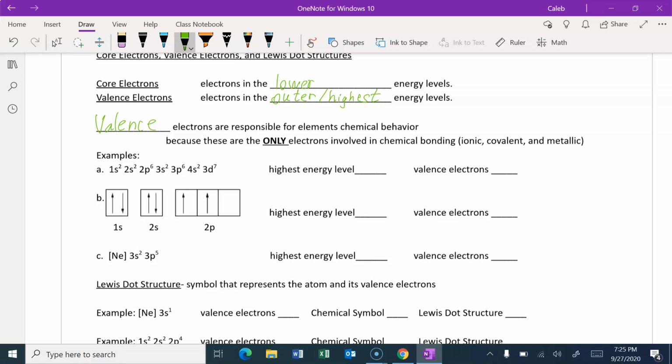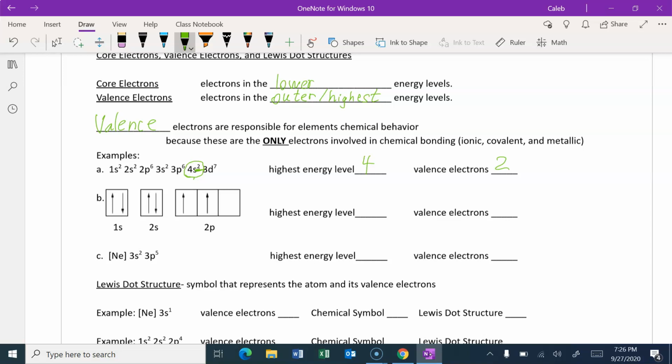You need to know how to find your valence electrons from any of these scenarios. You should know it's the highest principal energy level. So we're just looking at that large number in front. So in this first example, A, I notice 4 is my highest principal energy level. So the only electrons that count are the electrons in the 4th energy level. And there are 2 valence electrons because this little number 2 tells me there are only 2 electrons in the 4s sublevel, and that's all that I have in the highest energy level.